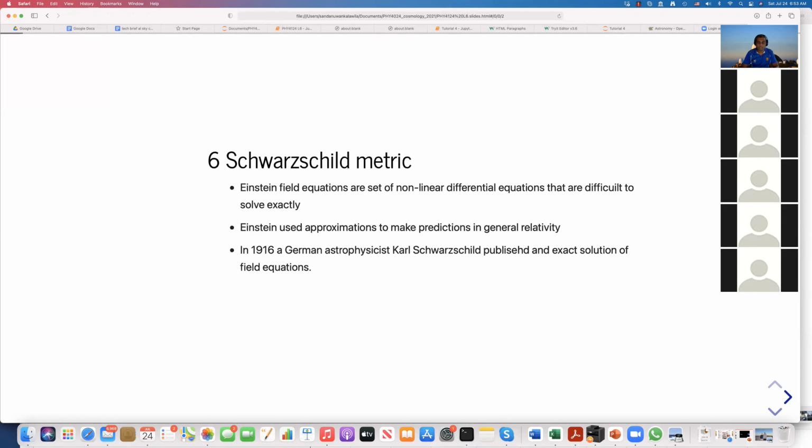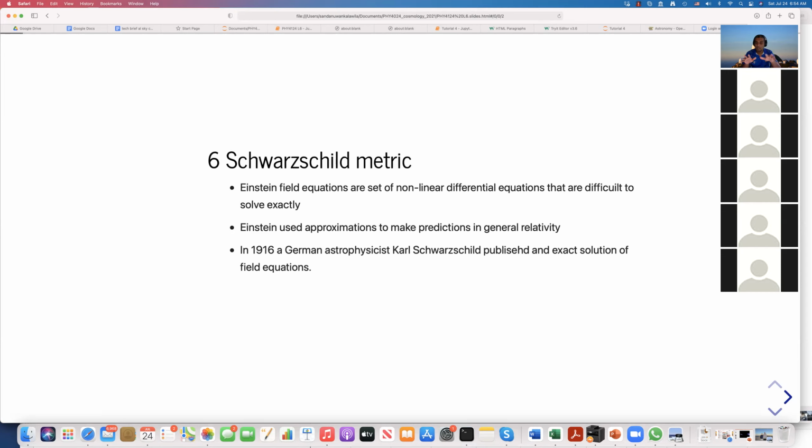Einstein derived the field equations around 1915, and then the following year, in 1916, a German astrophysicist called Karl Schwarzschild published an exact solution of the field equations, right?